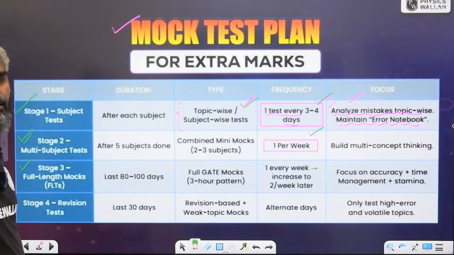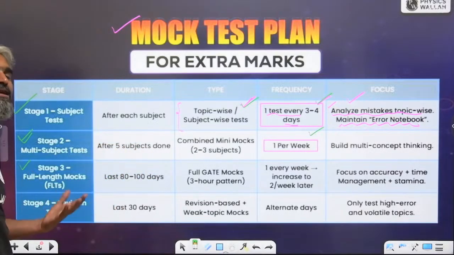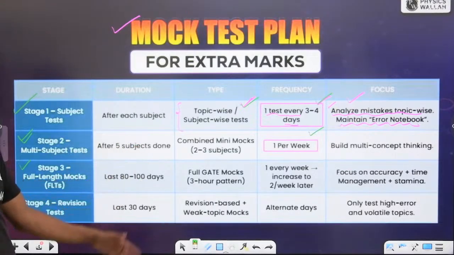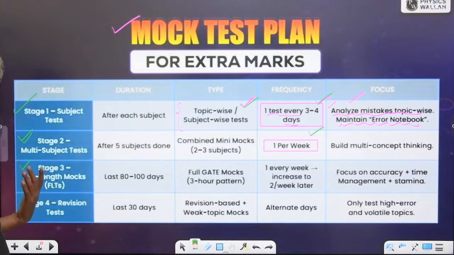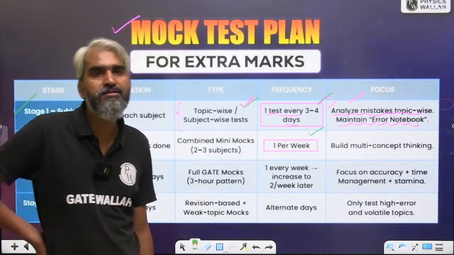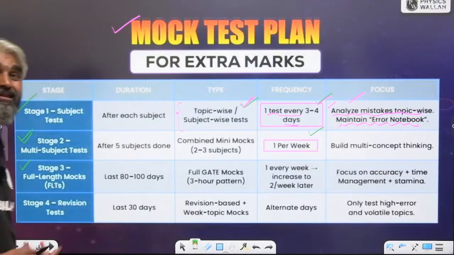That is, you can select the multi-subject test in which 2 to 3 subjects are involved, but you can select them on a weekly basis if and only if you are done with 5 or more subjects. Then when 80 to 90% of the syllabus is complete, you can actually start appearing for the full length test. That is the test in which the jumbling of all questions of all the subjects will be there, right?